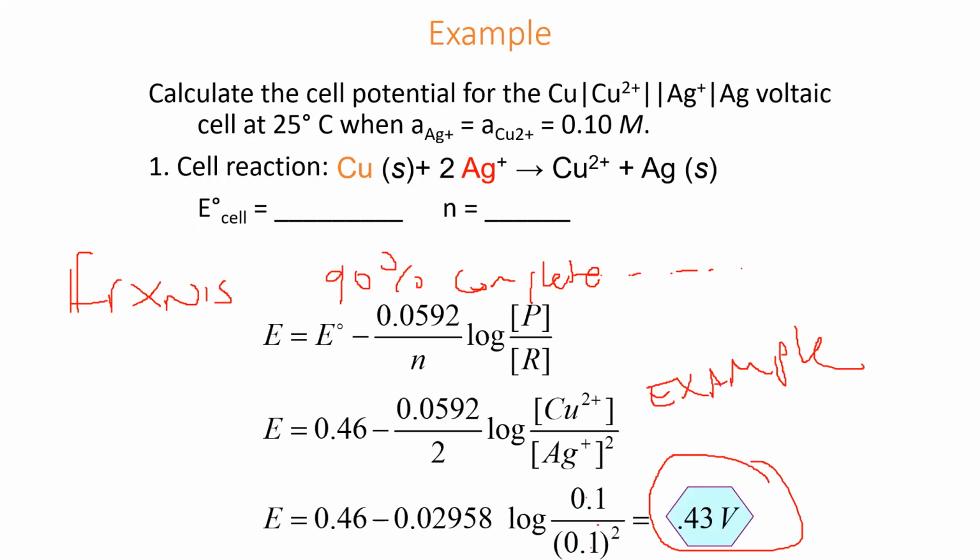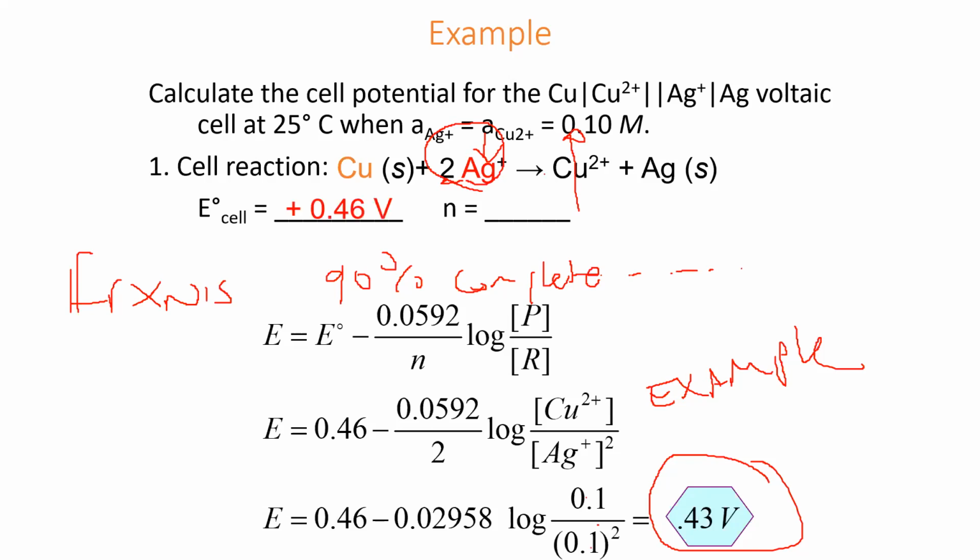When I do 90% complete for this reaction, my amount of Ag plus is going down and my amount of copper 2 plus is going up. But keep in mind that this guy is going down twice as fast as this guy's going up, so don't forget basic stoichiometry has to happen too. 90% complete would be, I have used up 90% of my Ag. How much more Cu did I make? So this guy's going up and this guy's going down.